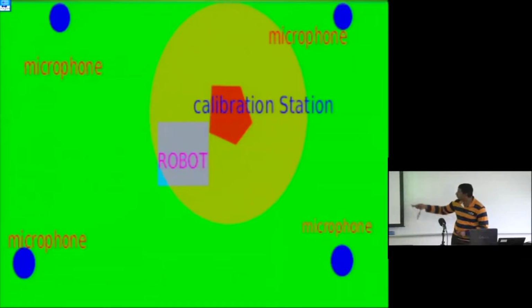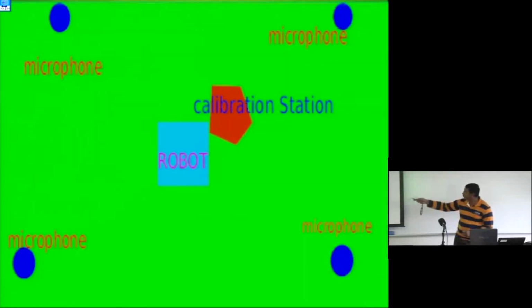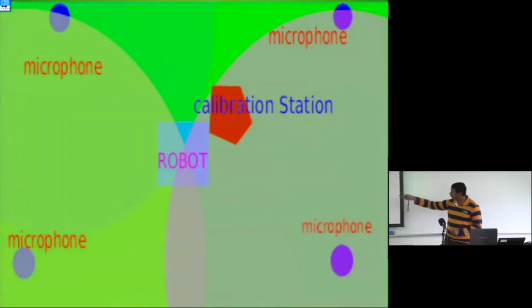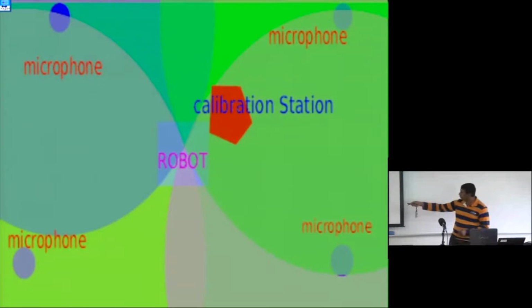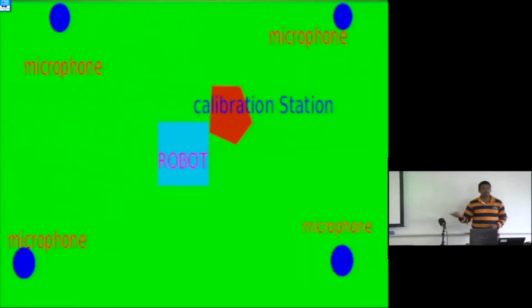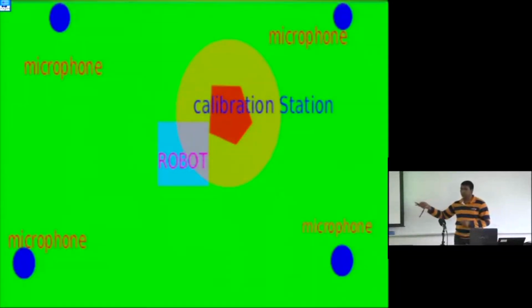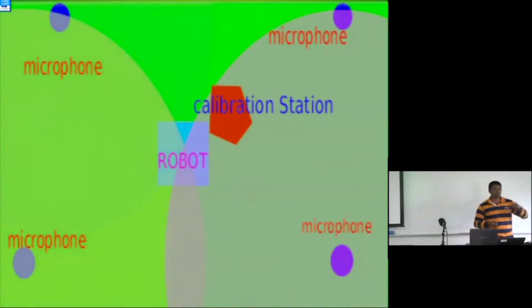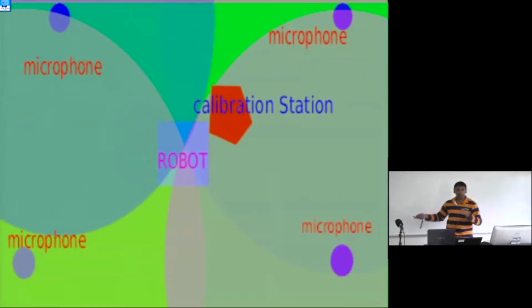And the second microphone also does the same and decides, okay, this robot is this much far from here. And with the third microphone, you can locate the robot inside the greenhouse or the system. And if you use a fourth microphone, we can also decide the height of the robot from the ground.